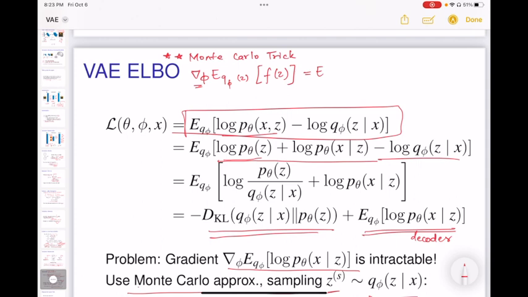So this can be written as E over q phi of z, and the f of z goes inside, and the gradient with respect to log of q phi z, right? So this is just a rearrangement of terms.